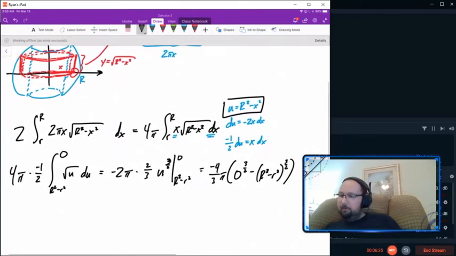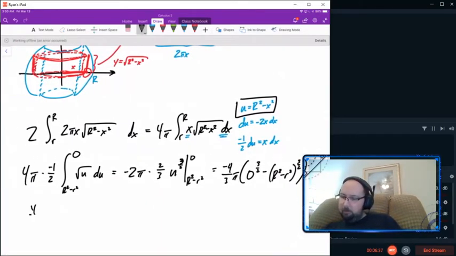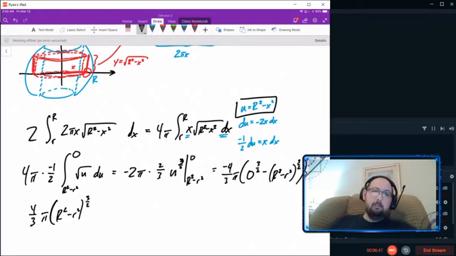Altogether, this is going to be 4/3 pi times this R squared minus little r squared to the 3/2 expression. And that is the volume of the shape that we've got here.